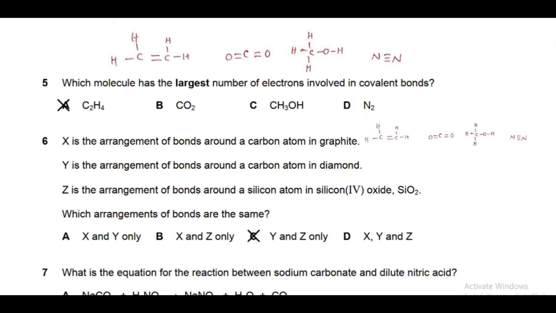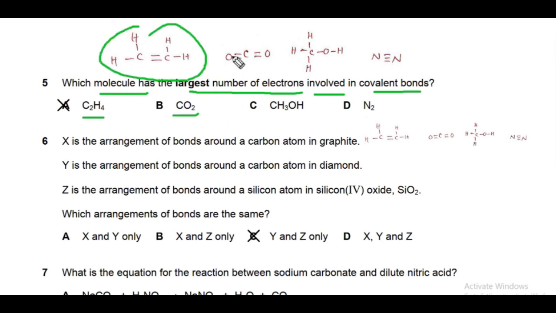Now number 5. Which molecule has the largest number of electrons involved in covalent bonds? You see, this is ethene, carbon dioxide, methanol in displayed formula, and nitrogen with a triple bond.